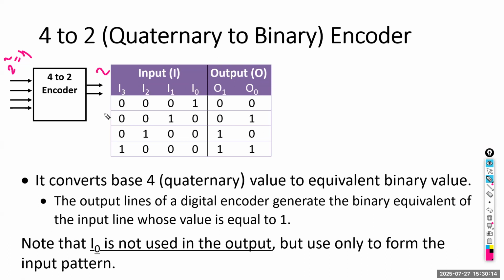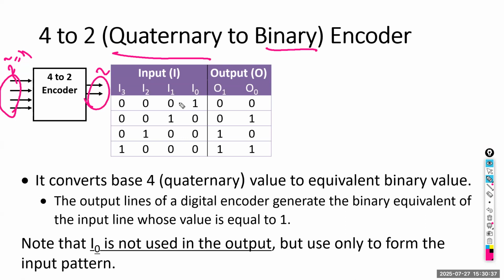So if you have a 4 to 2 encoder, you can convert a base 4 number to a base 2 number. That is why we say quaternary to binary. Number base conversion.